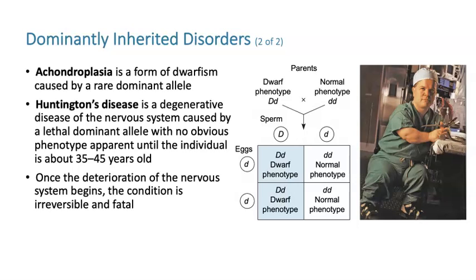And that's when the deterioration starts to begin. There is no treatment for Huntington's disease. It's irreversible and it's fatal. And it often leads to just the deterioration of the brain, and frequently does result in suicide as the cause of death.